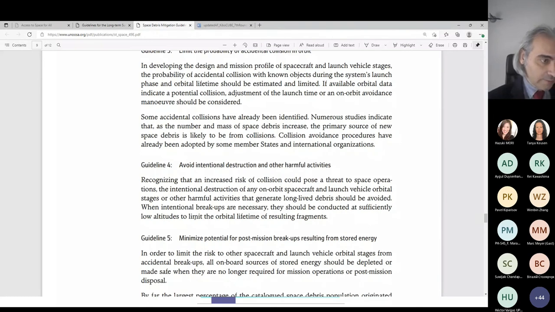There are things that definitely are applicable. For instance, minimize potential post-mission breakups resulting from stored energies. When a satellite is coming to an end of its lifetime, it has components that are storing energy, like batteries. It is very important to be sure that that energy is used, so the satellite is storing as little energy as possible, because otherwise there is the risk of an explosion or of a breakup.